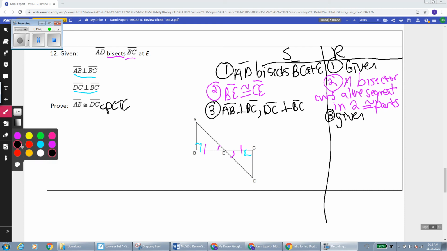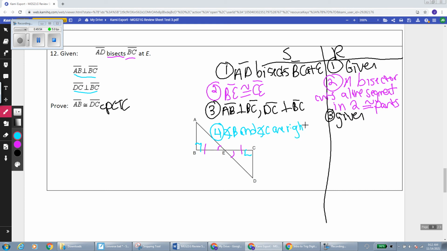So for my next step, I am going to write down that angle B and angle C are right angles. And my reason for that is going to be perpendicular lines form right angles.